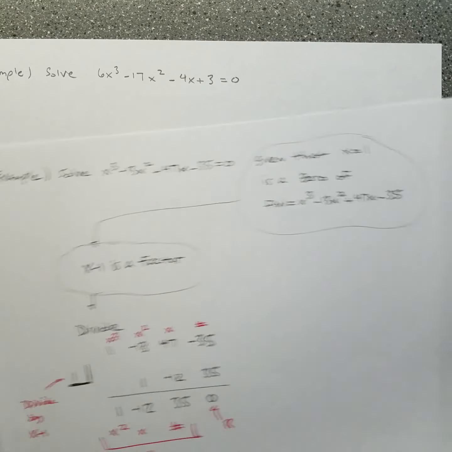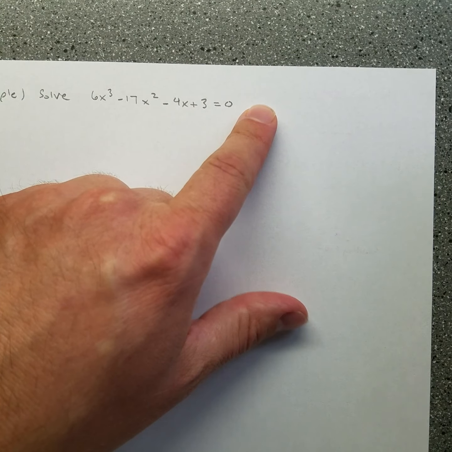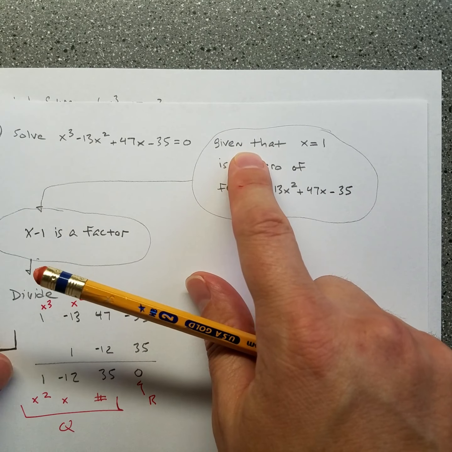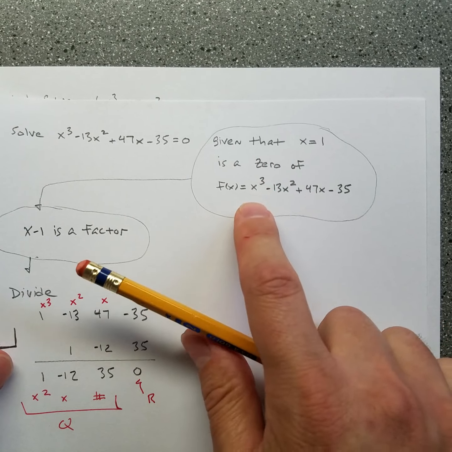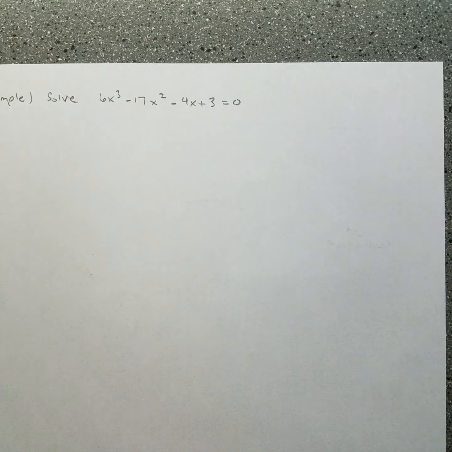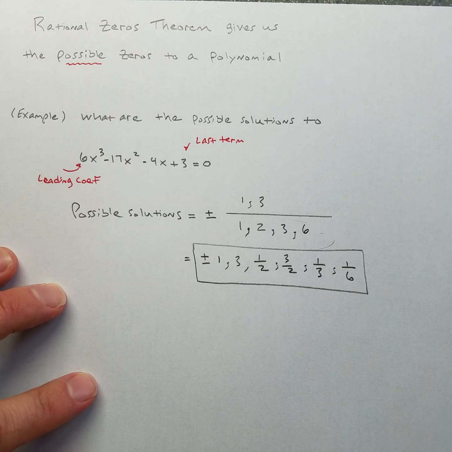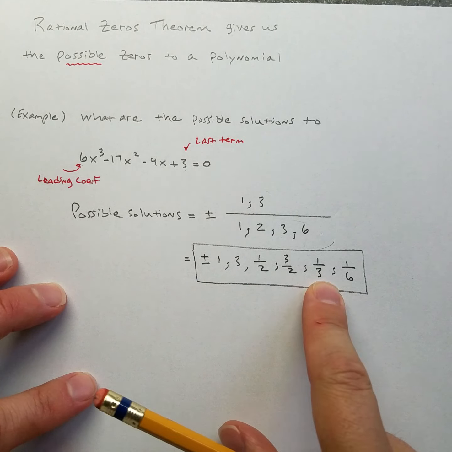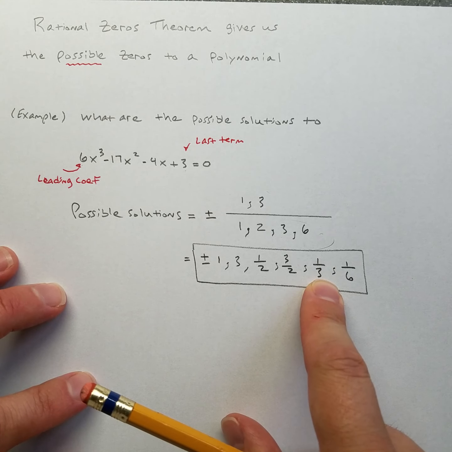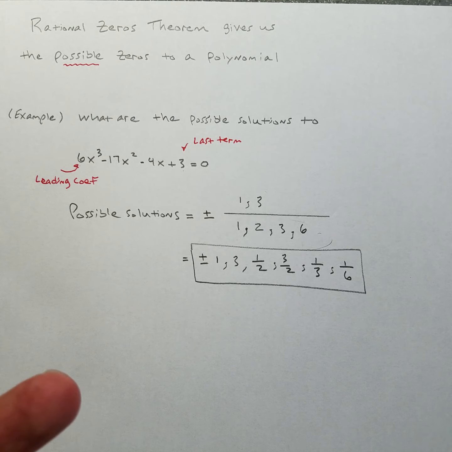Okay? Now I don't have the hint. You know, it didn't say, here's a hint, 1 is an answer. All right, it didn't say that. But I do have this list on the other page of the possible answers. All right, now, here's what we got to do. We'll just try the stuff on this list until we find something that works.